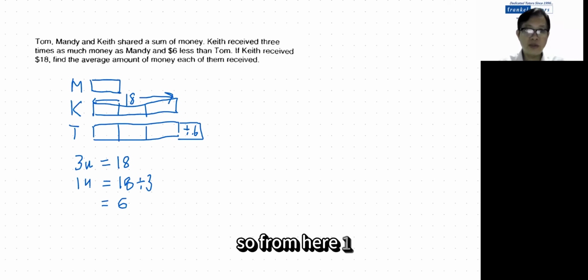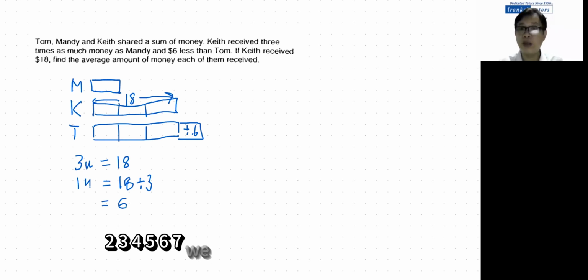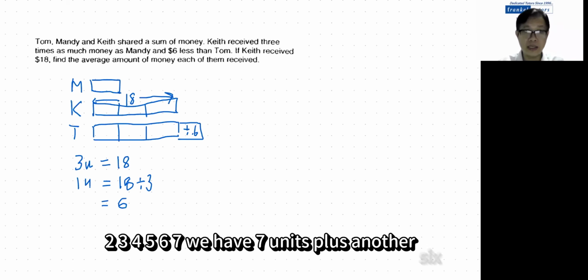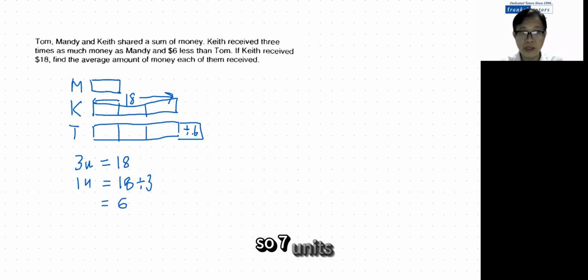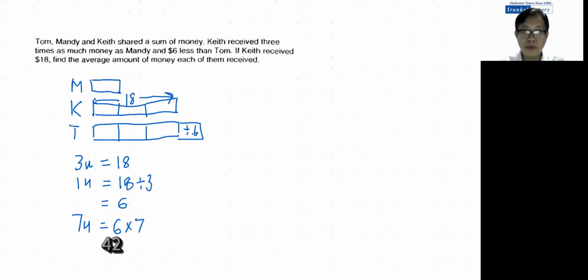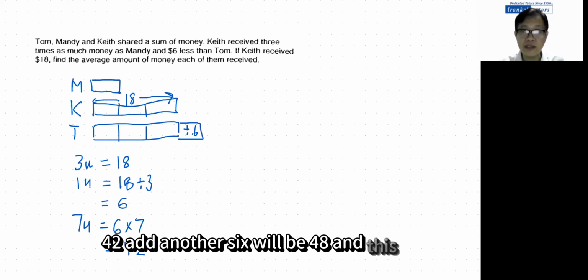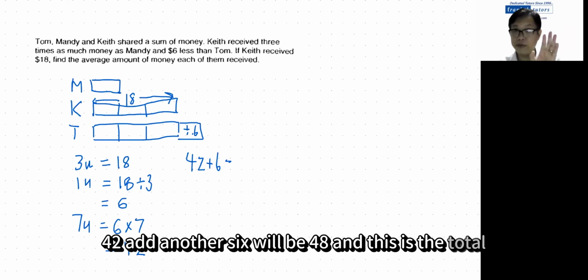So from here, 1, 2, 3, 4, 5, 6, 7, we have 7 units plus another 6. Okay, so 7 units, 6 times 7, 42. 42 add another 6 will be 48. And this is the total.